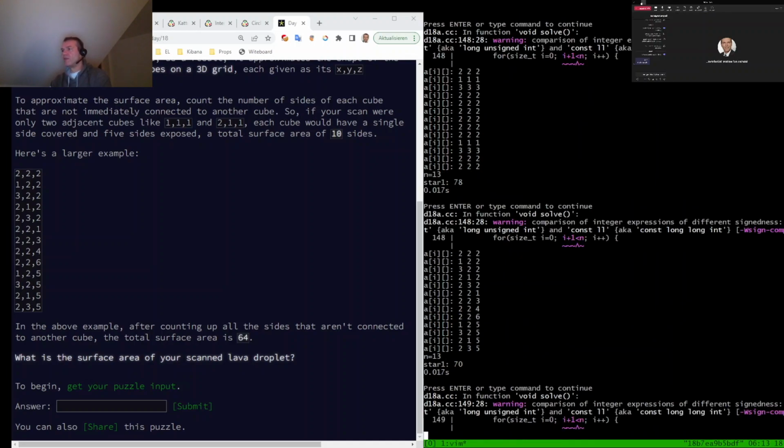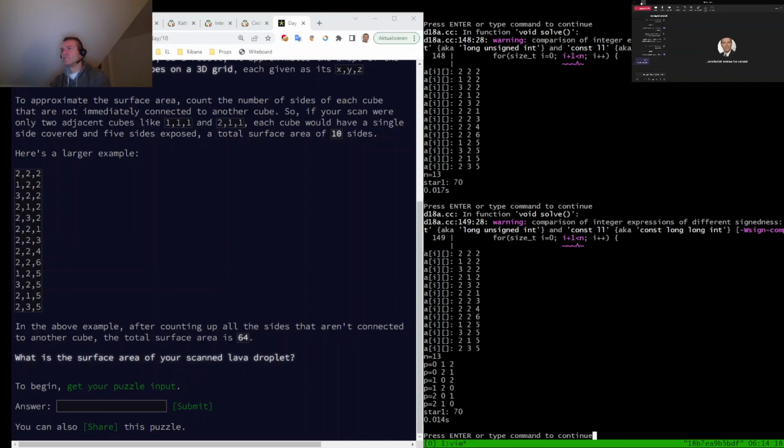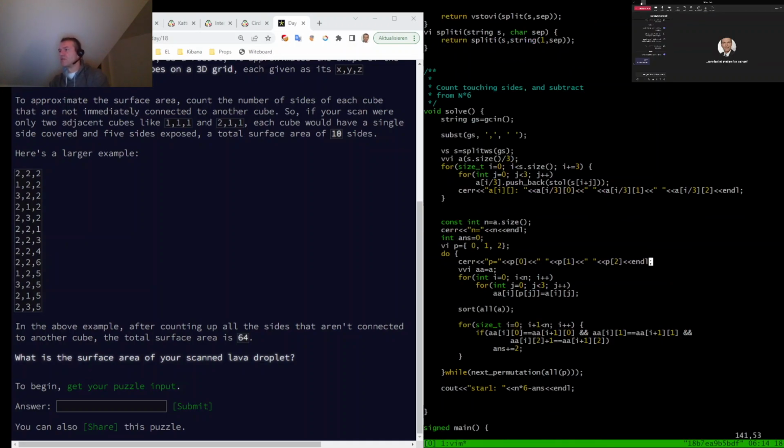Maybe we have to think more about how this works with the surfaces. So 1, 2, 3, 4, 5, 6. It's okay. 13: 1, 2, 3, 4, 5, 6, 7, 8, 9, 10, 11, 12, 13. It's correct.